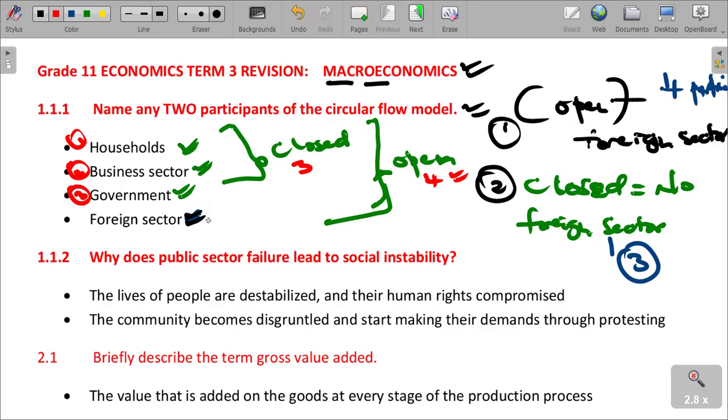The fourth one, the foreign sector, comes to complete the open circular flow model, which has importation and exportation forming the foreign sector. That's one thing that you need to take note of.